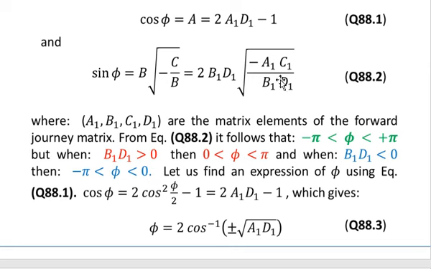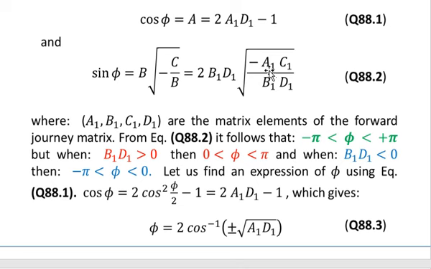Now the question is that, as I said, the square root as shown in equation number 2 will always be a positive quantity. So if it is positive with B1 D1 greater than 0, then how could it be positive when B1 and D1 are less than 0?